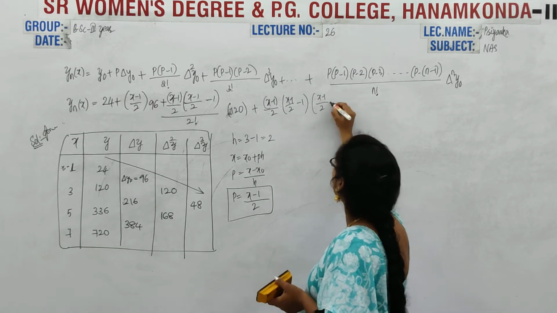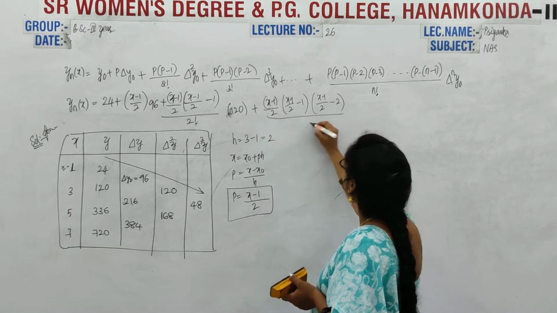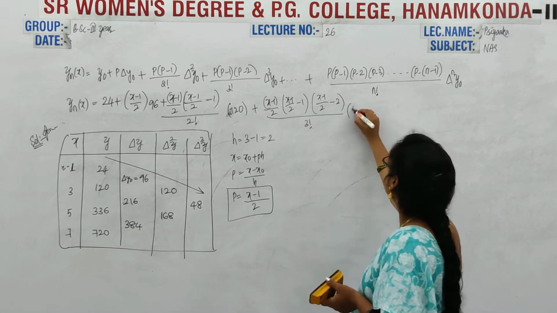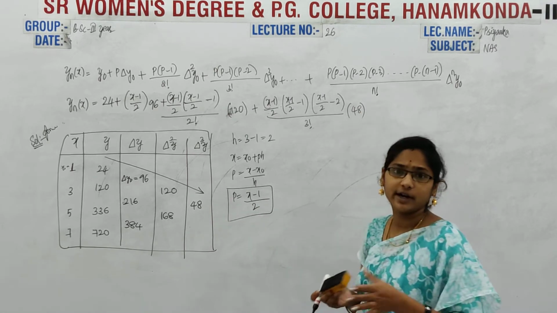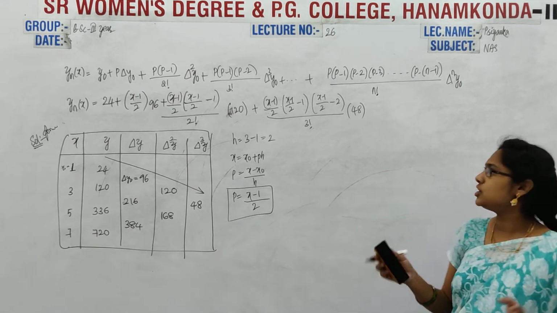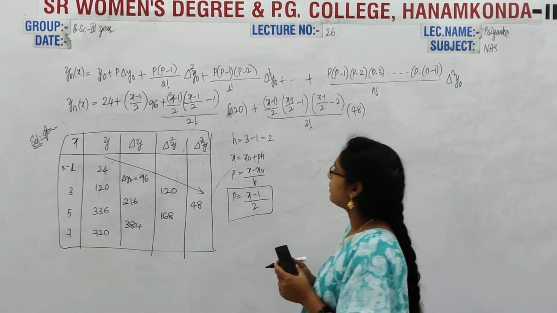Next, plus del square y naught, 120, with p into (p minus 1) into (p minus 2) by 3 factorial. Del cube y naught is 48, so we take 48 directly, and after that we don't have any terms. The remaining values will be zeros. So this is the required formula.